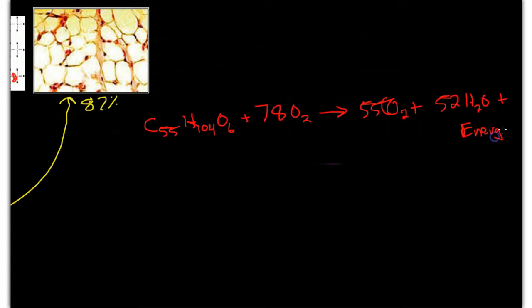The energy is the energy that is stored in the high energy bonds of this large and complex molecule. When it gets broken down, it is released. So that's how the body stores the energy.